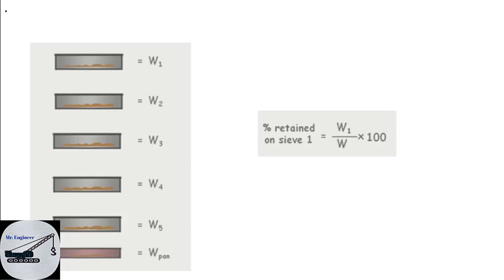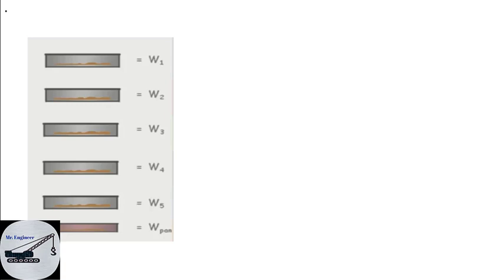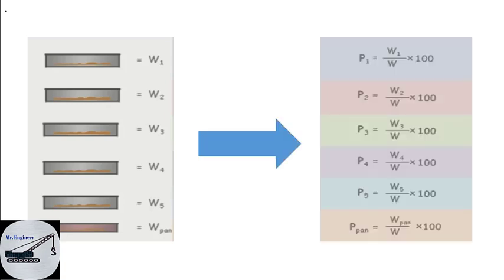Let's suppose the percentages retained are P1, P2, P3, P4 and P pan. We will calculate them respectively: W1 divided by W multiplied by 100, W2, W3, W4 and so on.